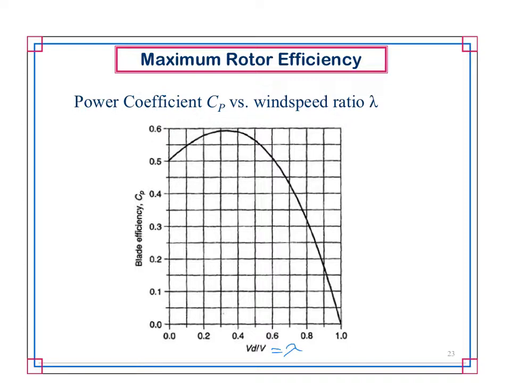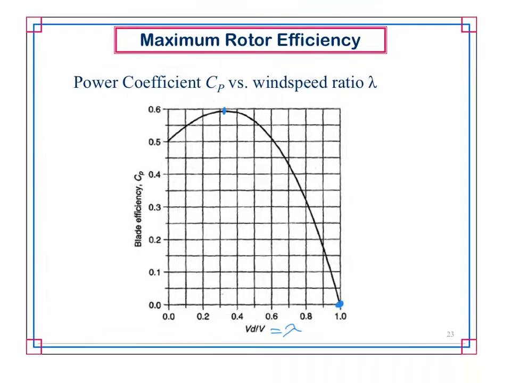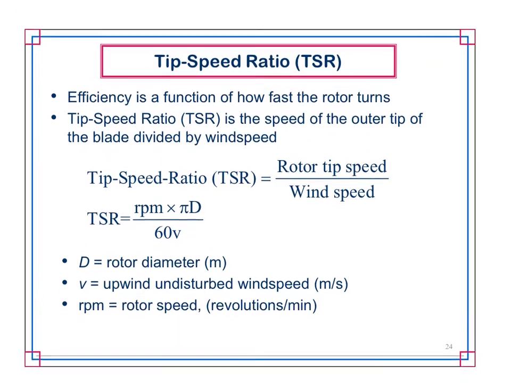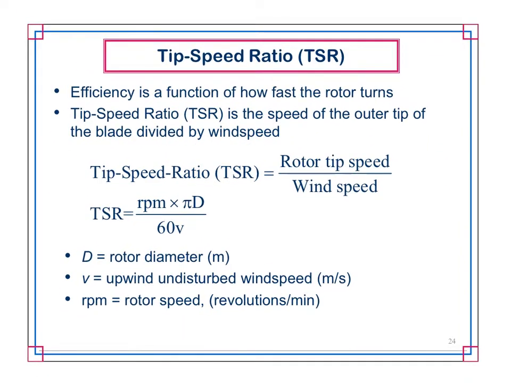That would be trying to extract 100% of the wind power. Down to there's no difference, and obviously we're not extracting zero power. Right at this point, where the ratio is 1/3, is where you get 59%. That's maximum efficiency. So theoretically the maximum is 59%.